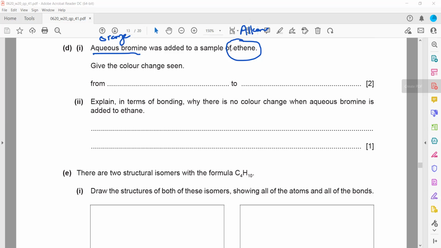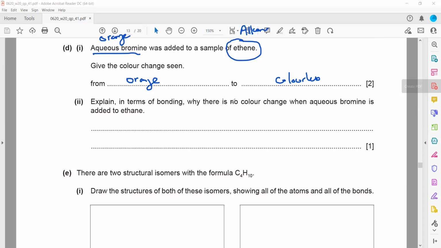So whenever we add aqueous bromine to any alkene, what will we observe? We'll observe that the starting color before the reaction is orange, then it decolorizes, so the final color will be colorless, or there will be no color for the solution. So orange changing to colorless gives an idea that the substance present is an alkene and it undergoes an addition reaction.